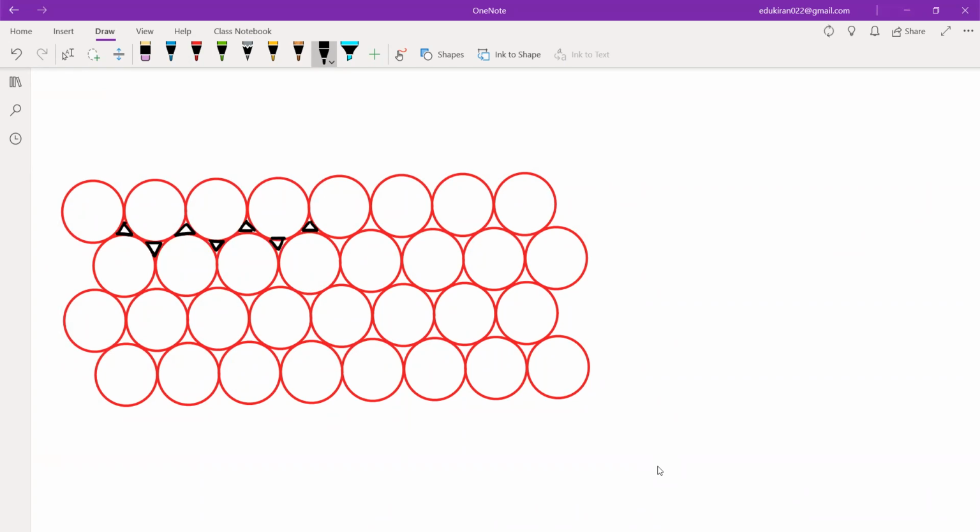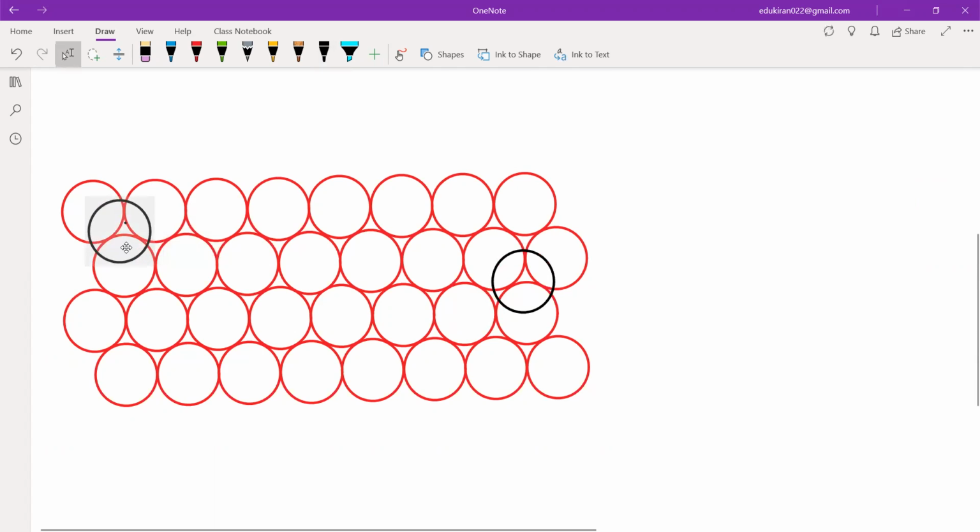Can all of you see this? Yes, sir. Okay, very good. Now what I will do, I will take an atom and start putting it on the layer. I can do only one thing: I can keep atoms on the void. I will start keeping atoms on the triangular void which is upward, so I will take a different type of atom and place it here.